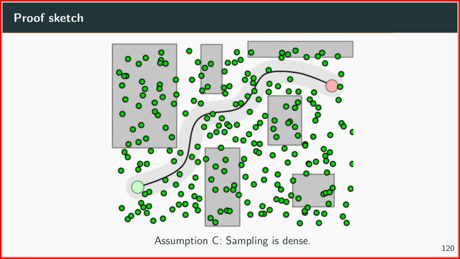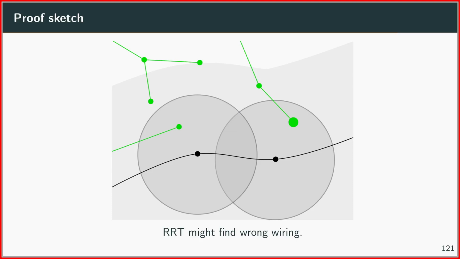And again, you need some dense sampling, of course. And as said, RRT might find the wrong wiring. So for example, you find a sample here, but then your nearest neighbor might not be the one in the last ball here, but something outside, and then you just connect it here, and in this way you don't find the right succession here, but instead you find a different feasible path.